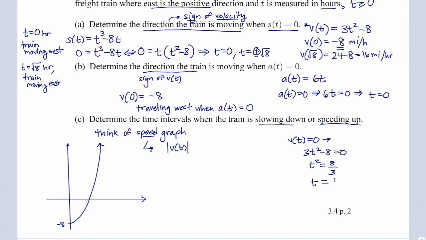So t is positive or negative square root of 8/3. And we're just going to consider positive times, so we'll just look at that one. So here's where the velocity hits 0. We could clean that up, but let's just leave it as square root of 8/3. So that's a graph of v of t.